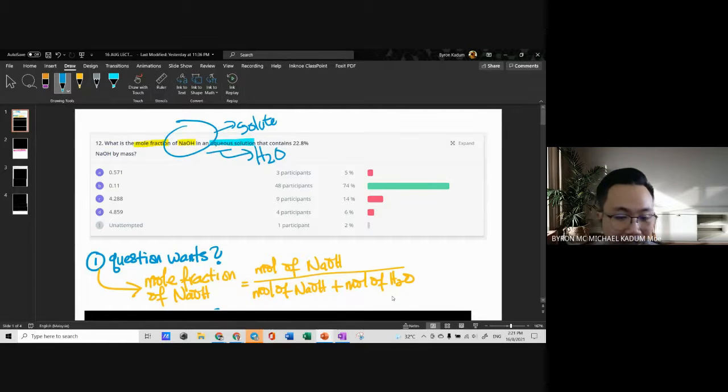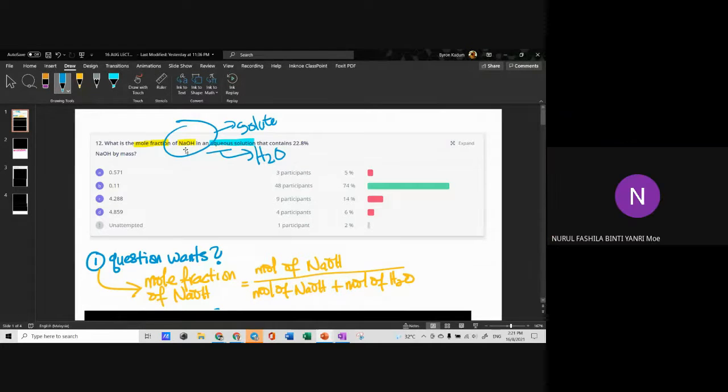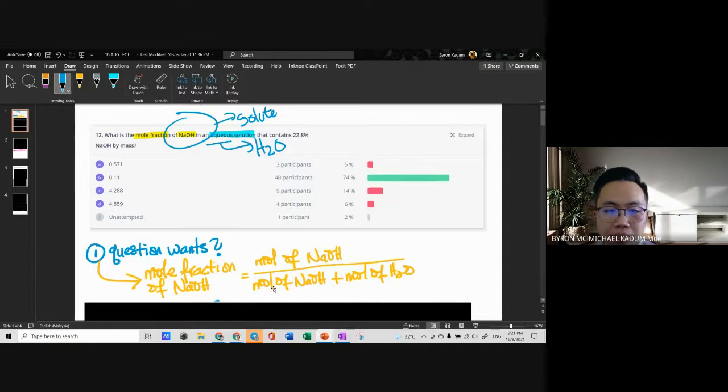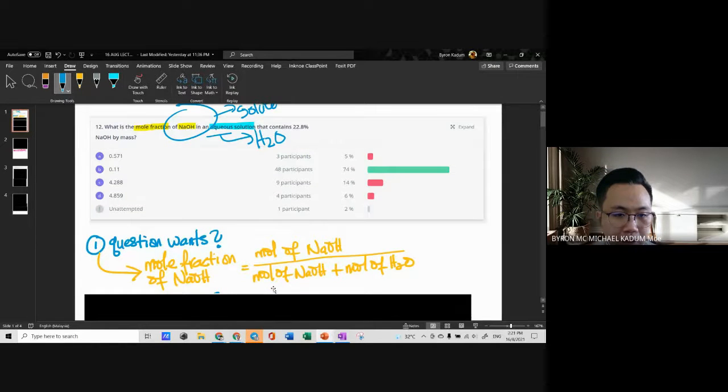If you write that in exams, you might not get your 1 mark because the question has asked you specifically for sodium hydroxide. So that is another challenge that you need to be able to think about, and remember when you answer questions in exams, okay? So this is the first thing that you need to do: what the question wants.